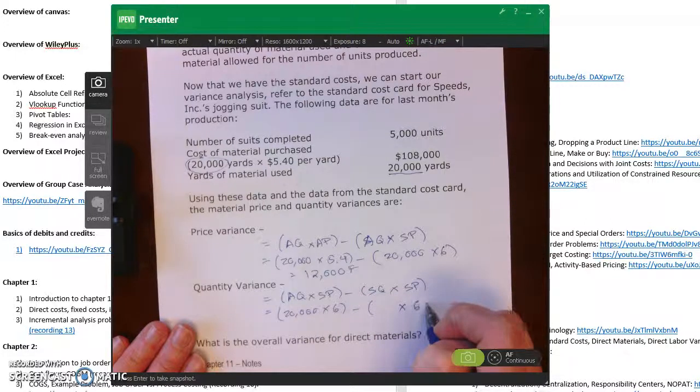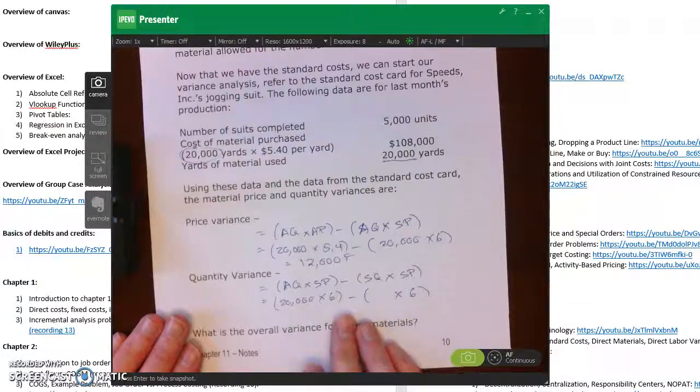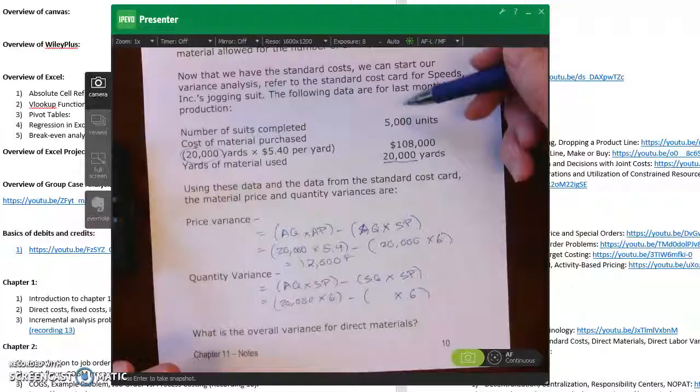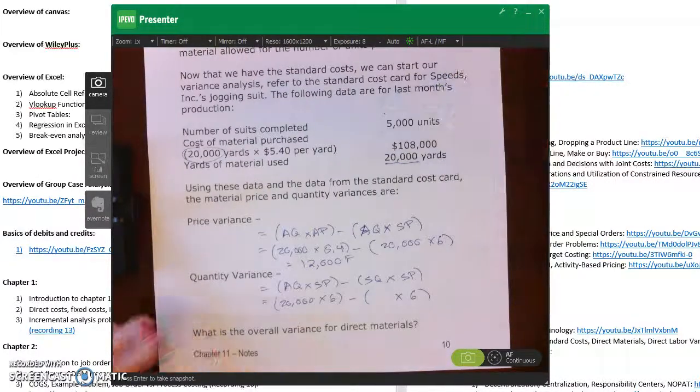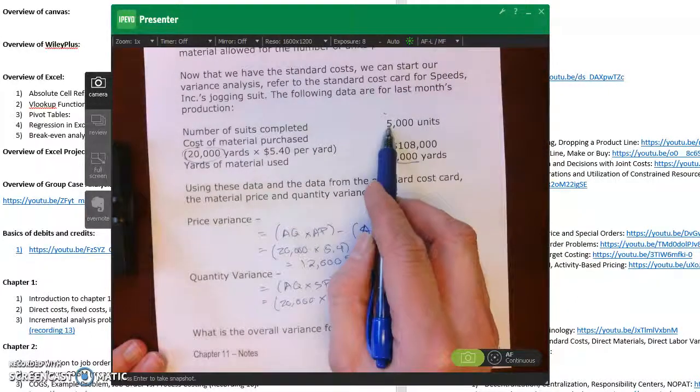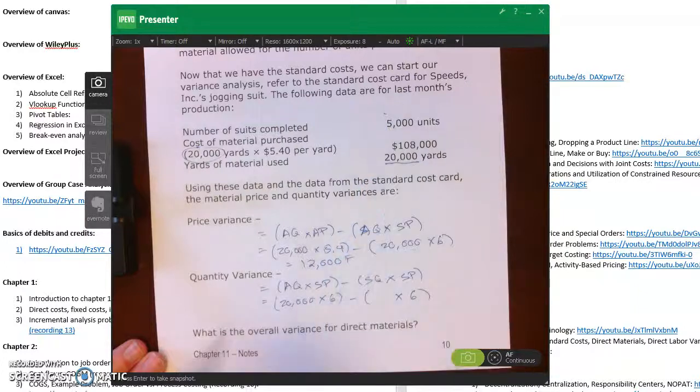And I'll say my standard quantity. Now, I'm not given my standard quantity here. But I can figure that out. And how can I figure that out? I can say, well, I made 5,000 suits. Now, how much materials should I have used to make 5,000 suits? That's the question that I want to know, because that's what goes over here.